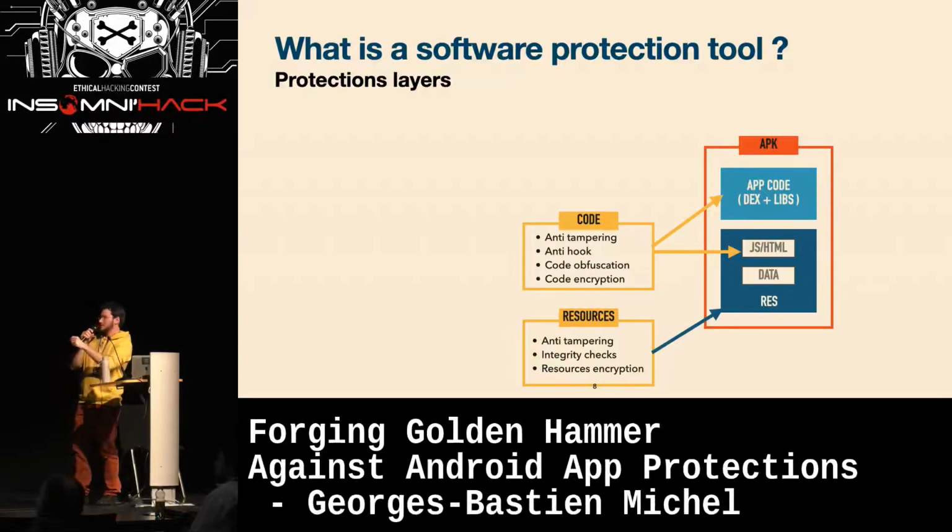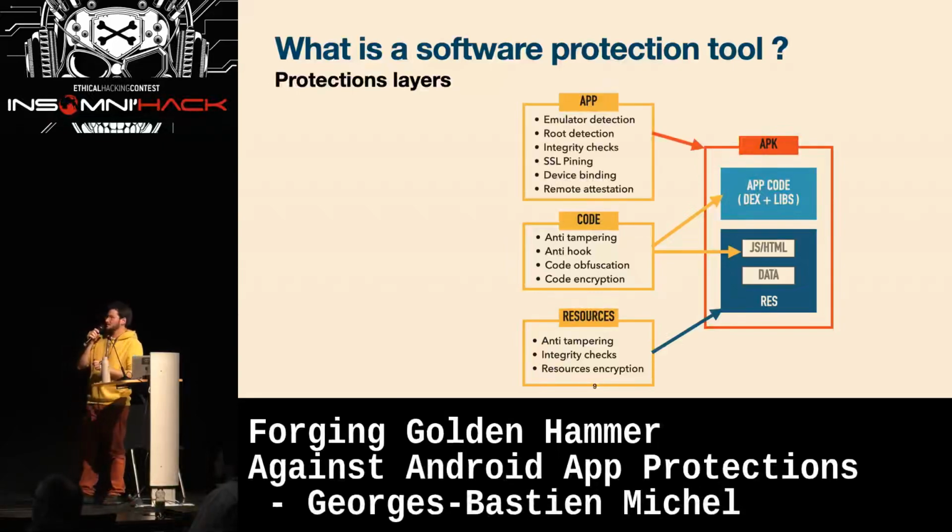Anti-hook is mainly mechanisms to detect Thread hooks, for example, or exposed hooks in memory or using some checks on the file system. And finally, code obfuscation and code decryption are common.